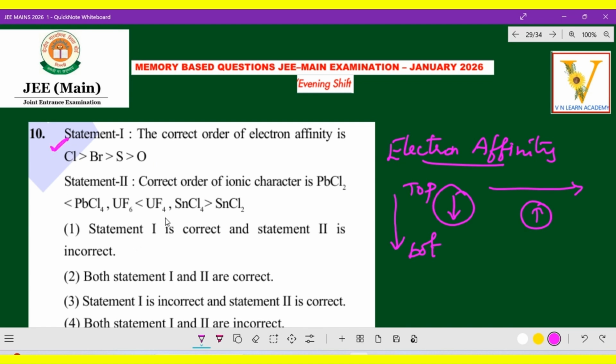When we are talking about the second statement, they are mentioning ionic character. Ionic character means for the compounds, lower oxidation state and higher oxidation state, we have to check.